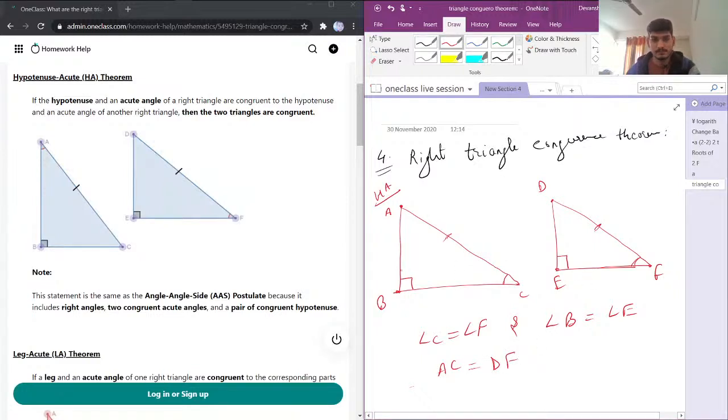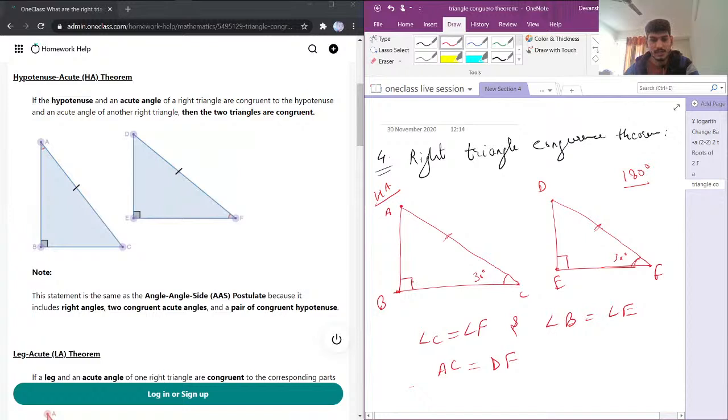Then what sides are left? If this side is equal to this side and the angle is same, suppose this is 30 degree, this is 30 degree and then this is 90, and the sum of interior angles of triangle is 180 degree.